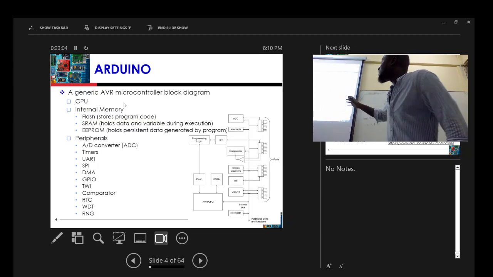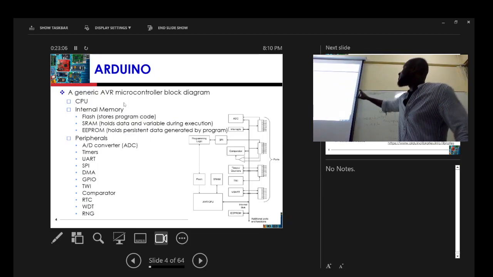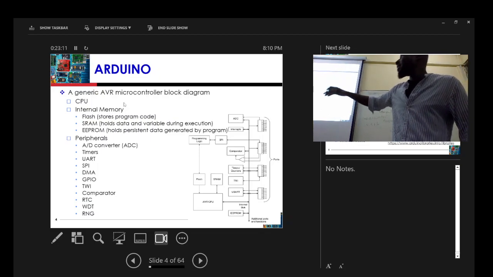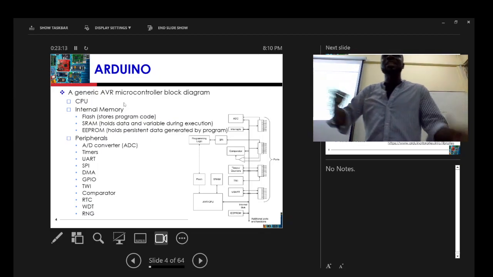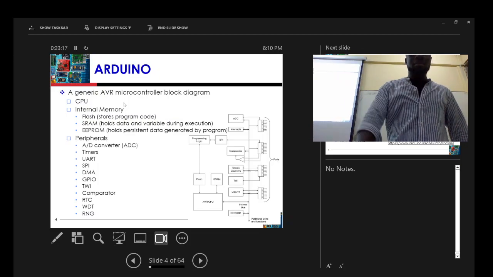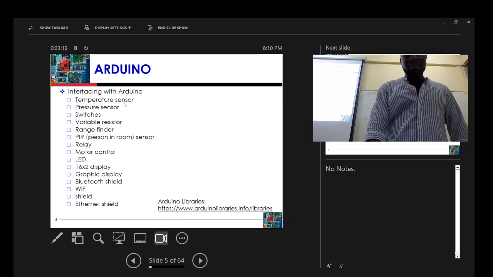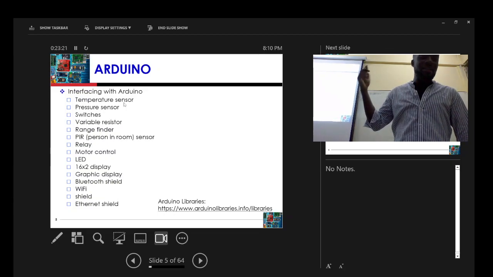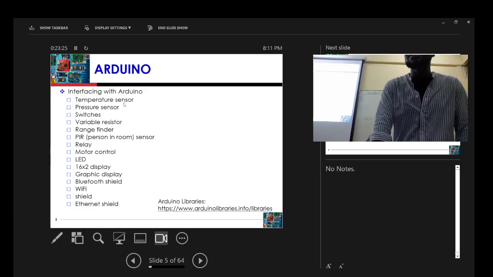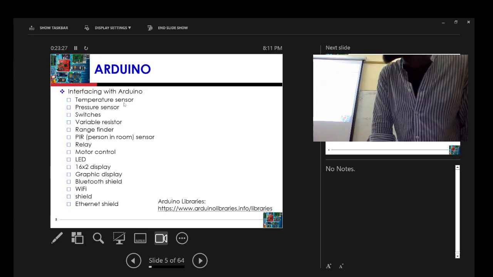So the generic architecture of the Arduino is that we have a CPU, some forms of memory, and peripherals, some attachments to the microcontroller. We can also interface sensors with the microcontroller.